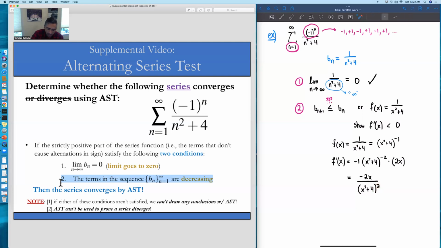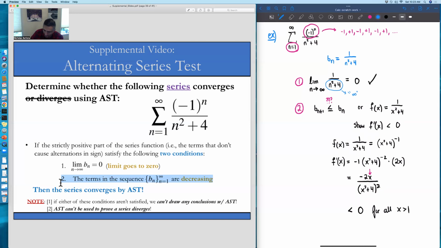In the numerator, if we plug in any x value greater than 1, x is going to be positive, and the only thing that's going to cause this to be negative is that -2 in front. So this derivative is indeed less than 0 for all x greater than 1.